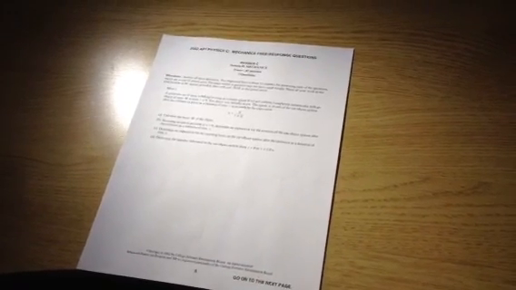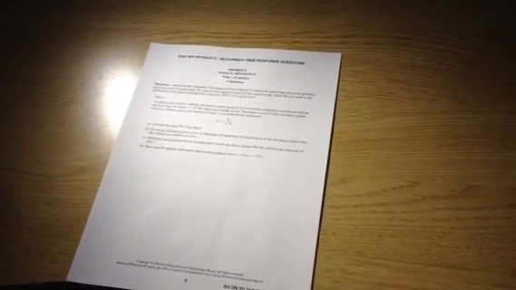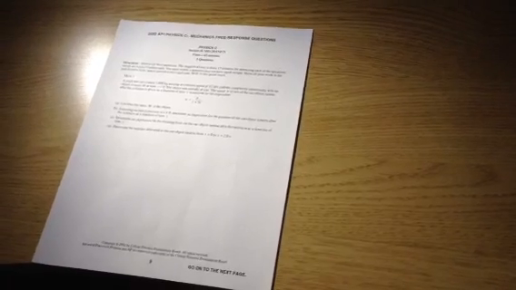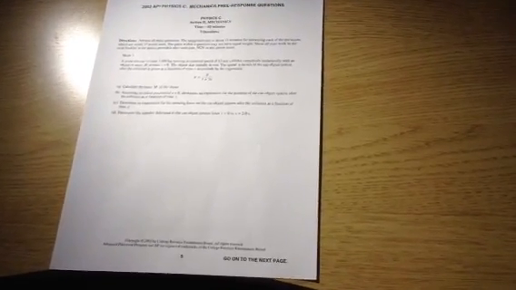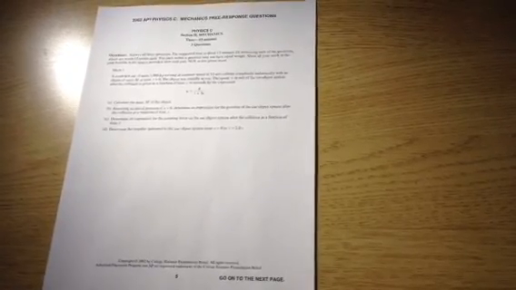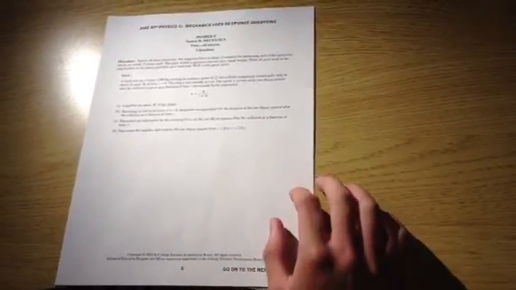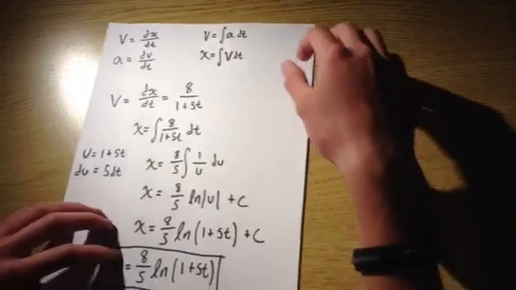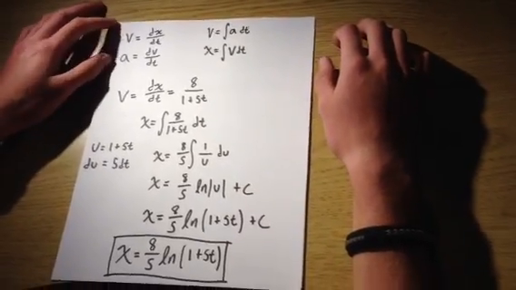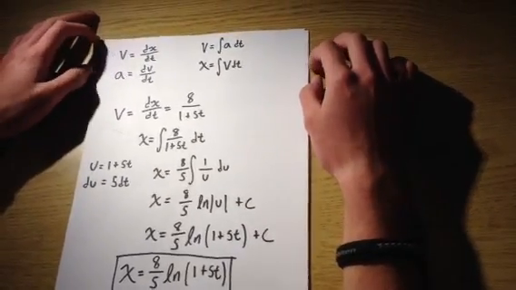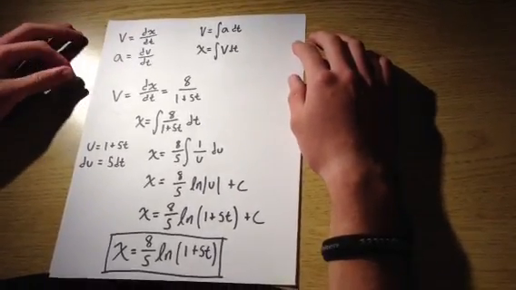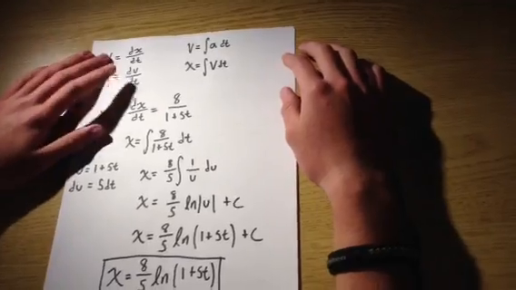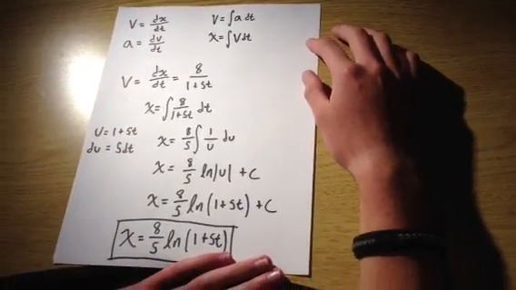For part B, it reads, assuming an initial position of x equals 0, determine an expression for the position of the car object system after the collision as a function of time t. So here we know that velocity is the derivative of x position, and acceleration is the derivative of velocity, and it goes both ways.